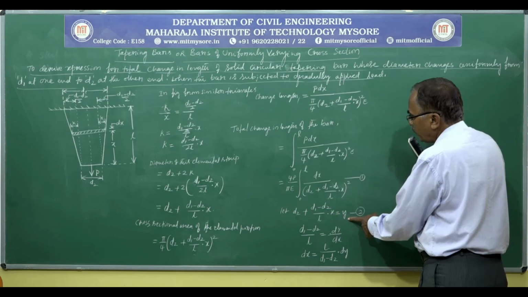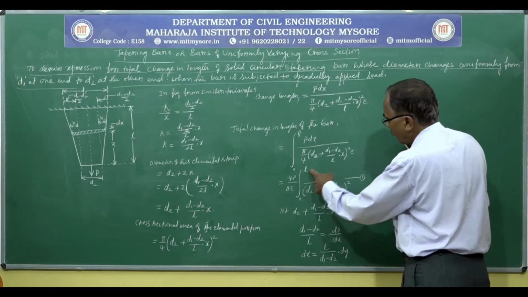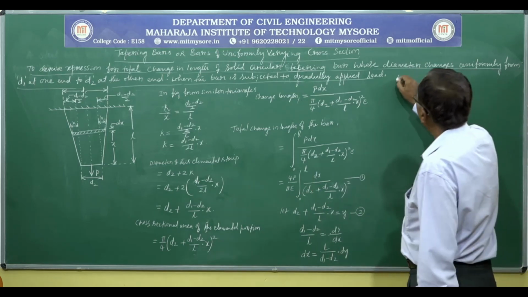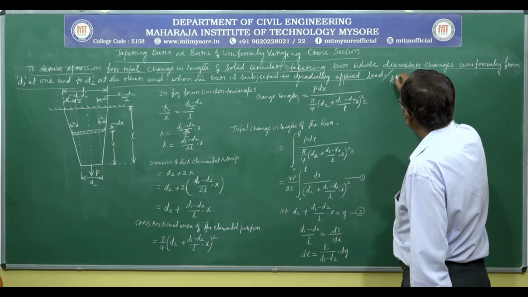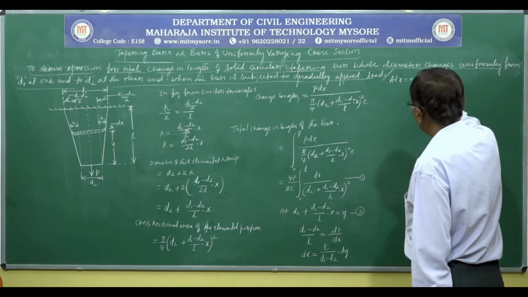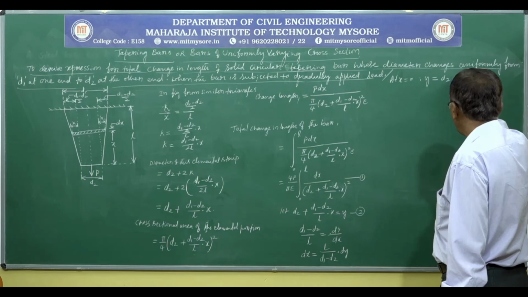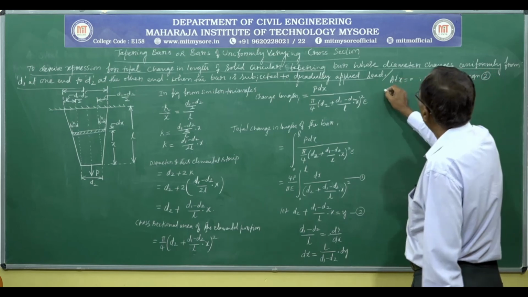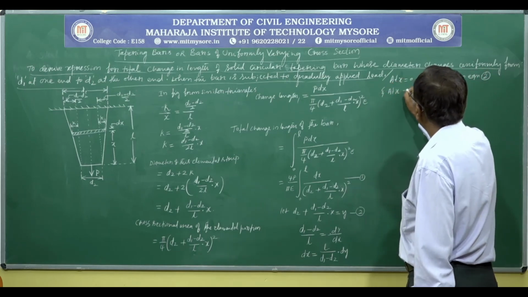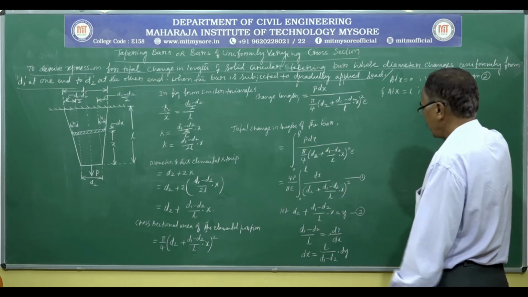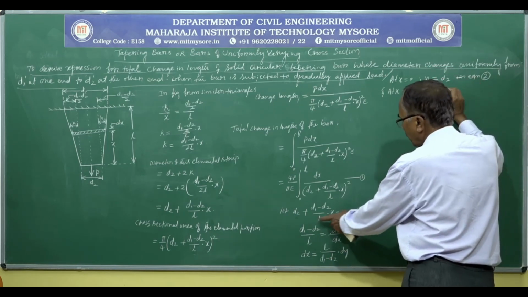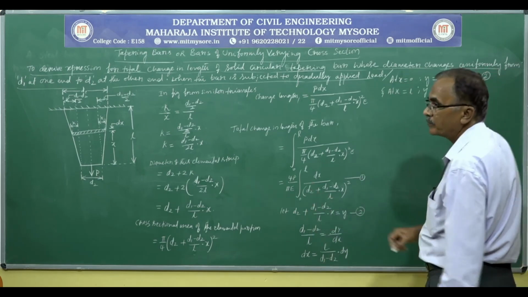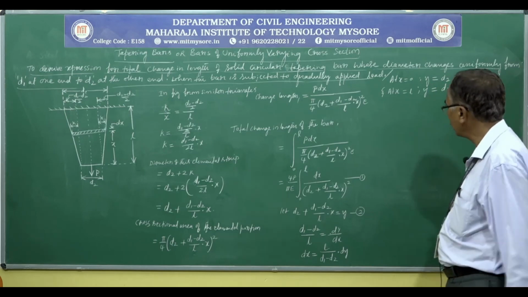And if you substitute x is equal to L, L gets cancelled, d2 gets cancelled, and you will get y is equal to d1. So, this is the range of integration.